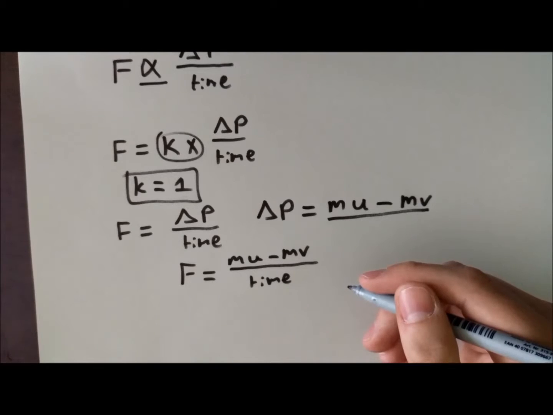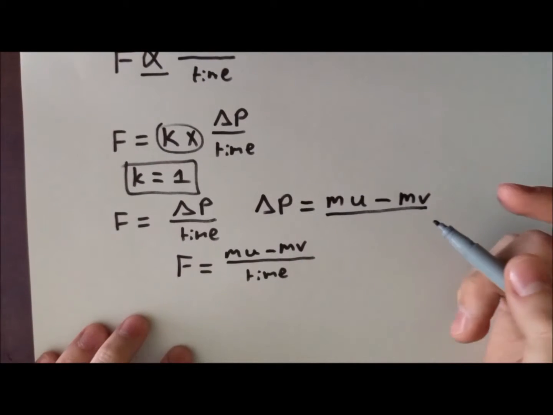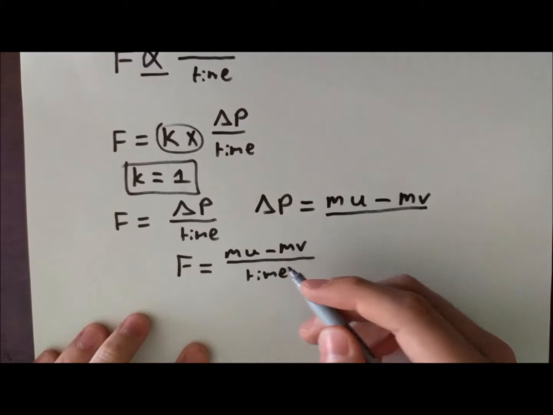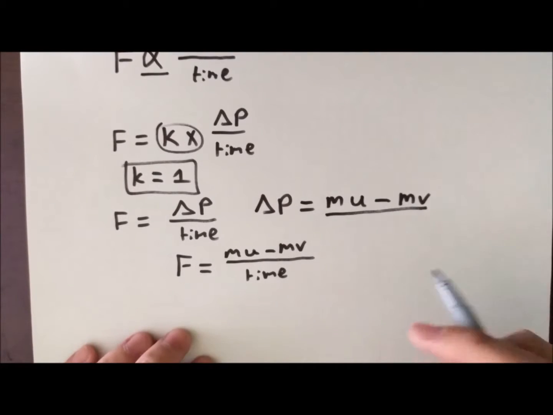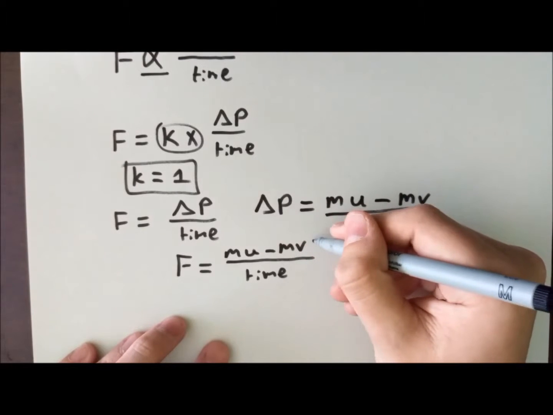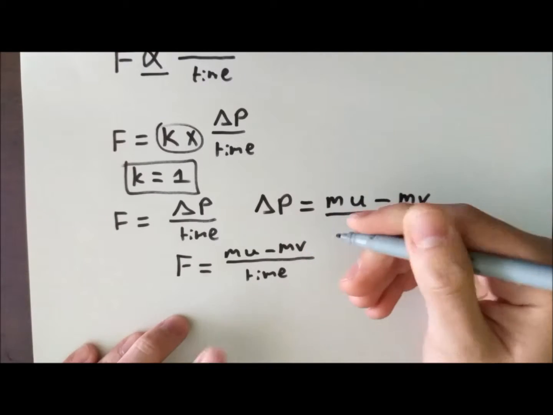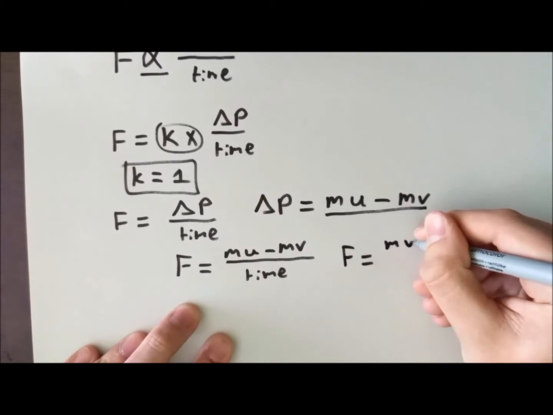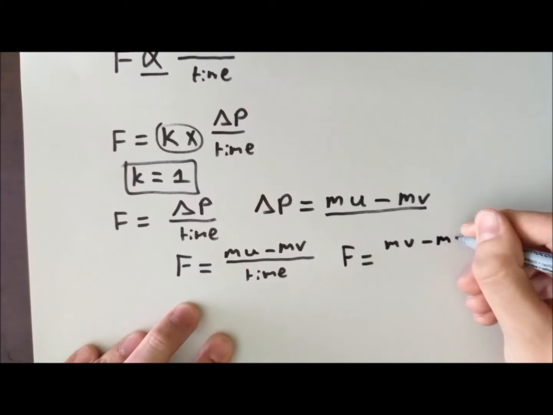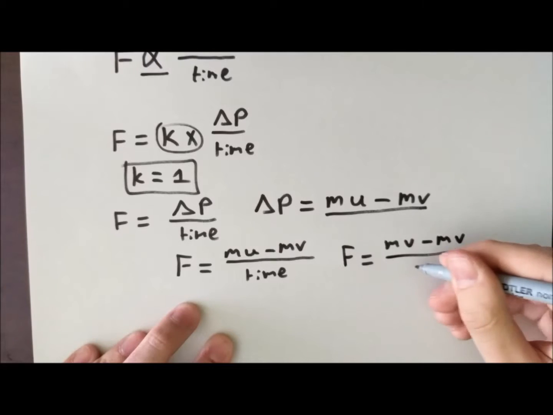Now, let's imagine that velocity is constant here, or is the same. We would end up with F is equal to mv minus mv over time.